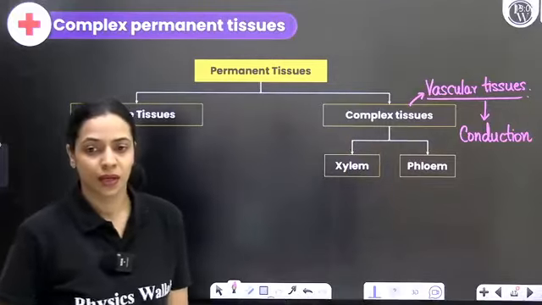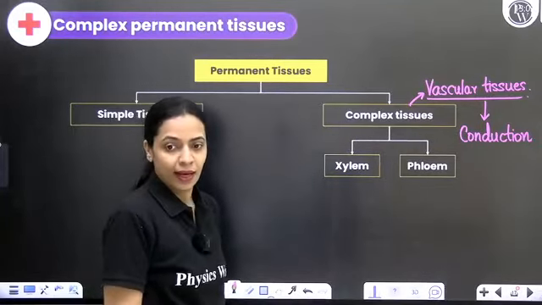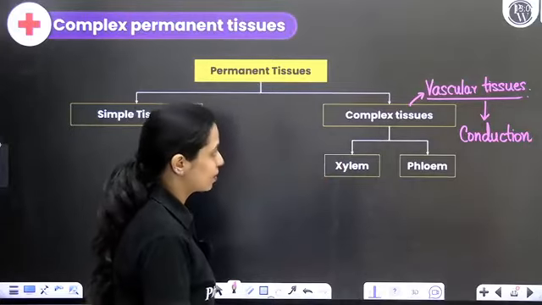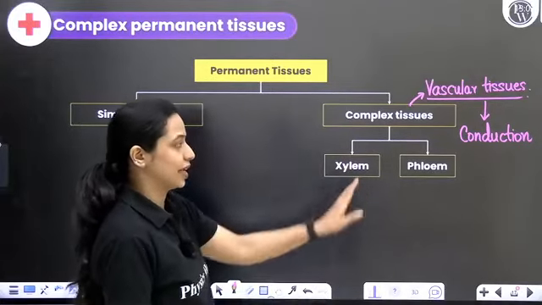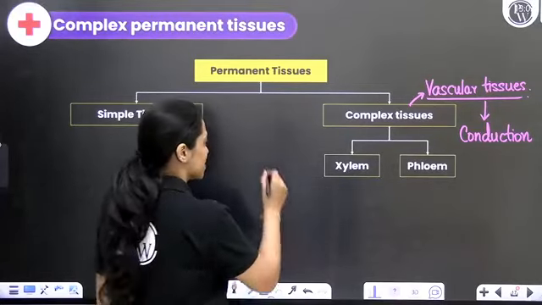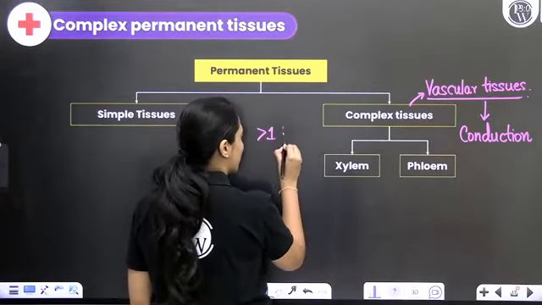Now, complex permanent tissues are of two types. Both of them are called vascular tissues and they help in conduction. Why these are called complex permanent tissues is because they have more than one type of cell.